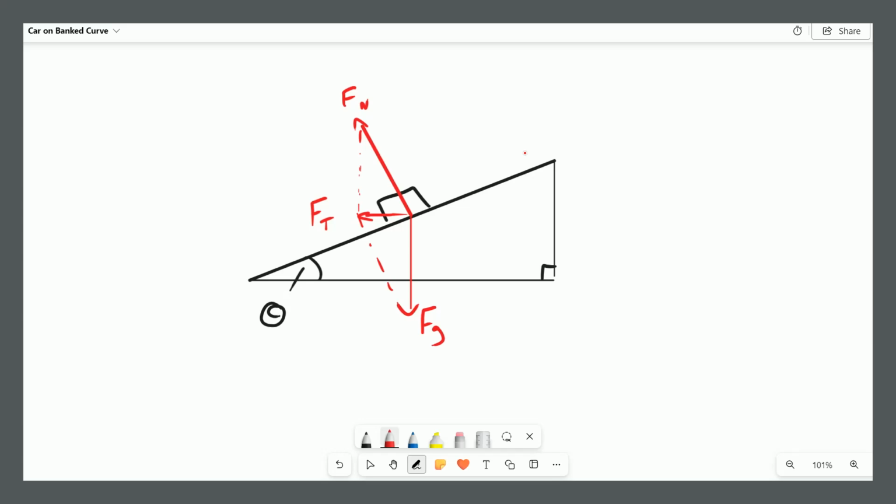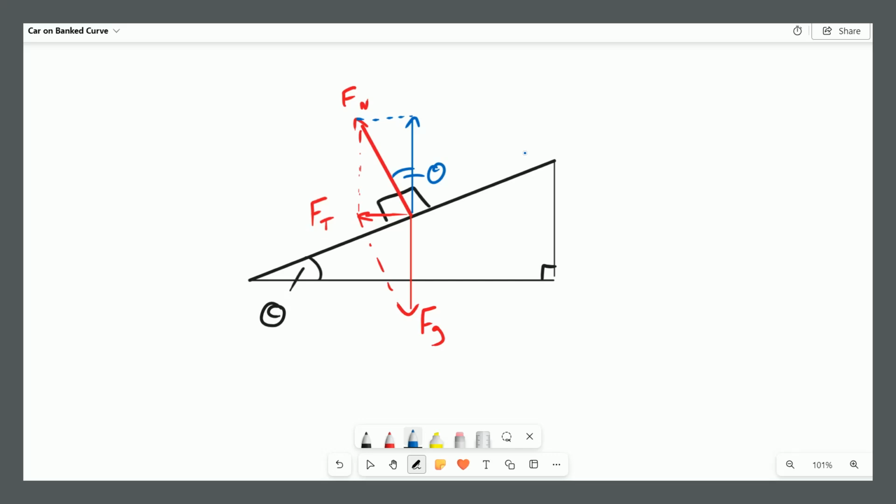Now, this normal force has a horizontal component and a vertical component. And the vertical component must be equal to the force of gravity because the car isn't moving up or down. The vertical forces acting on it balance out. Therefore, the vertical component of the normal force must equal the force of gravity.